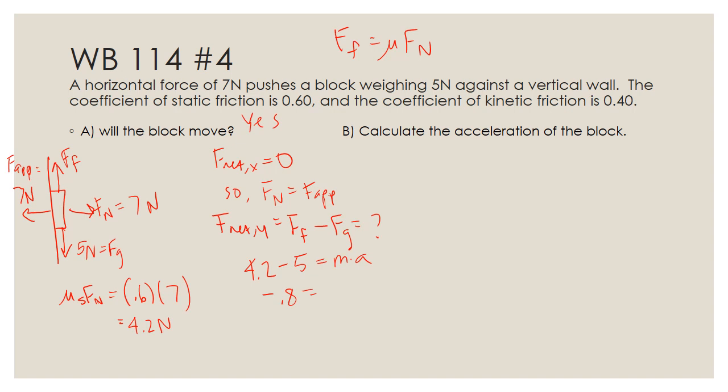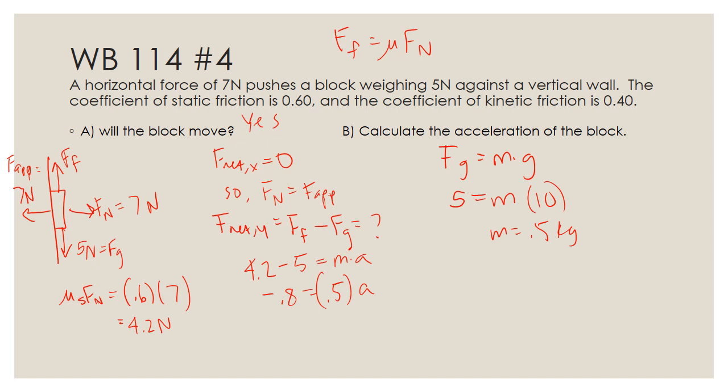Of course we do. Remember we have our Fg equals mg. We know 5 newtons is my force of gravity. Mass times 10. The mass here is just a half a kilogram. Okay, so 0.5 for my mass. And what's that initial acceleration? This is right when it's starting to move.